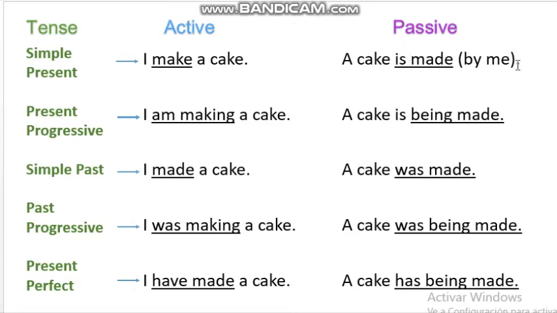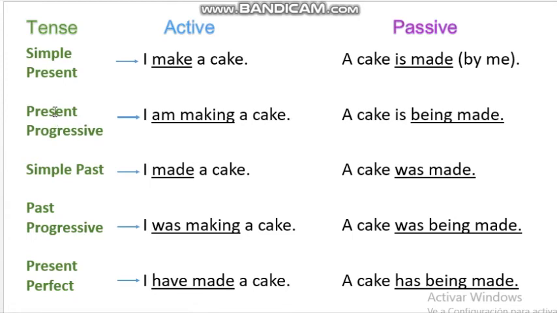As I told you before, you can put by me or not. That's why it is in parentheses. So, if you say a cake is made, it is correct. But if you say a cake is made by me, it is correct too. But it's not necessary to write by me, though you can do it if you want. So, make changes to is made: the verb to be plus the verb in the third column.